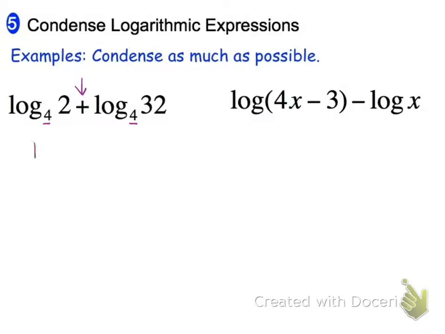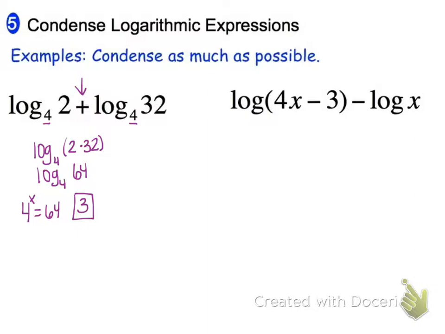Let's go ahead now and use our product rule. So we're going to say log base 4 of 2 times 32. Now 2 times 32 is 64. And remember, log base 4 of 64 means 4 to what power equals 64. And hopefully you know that 4 to the 3rd equals 64. So you can see that by using the product rule, we were actually able to find the final answer for these two logarithms.